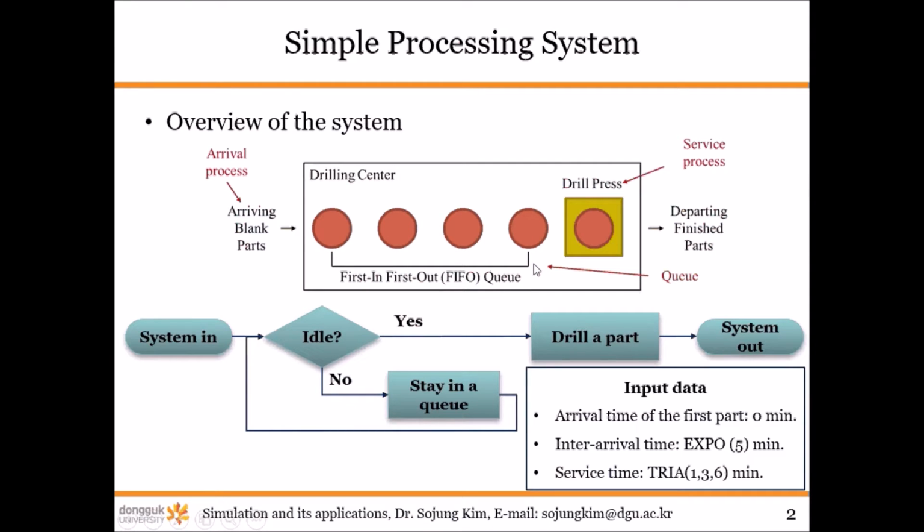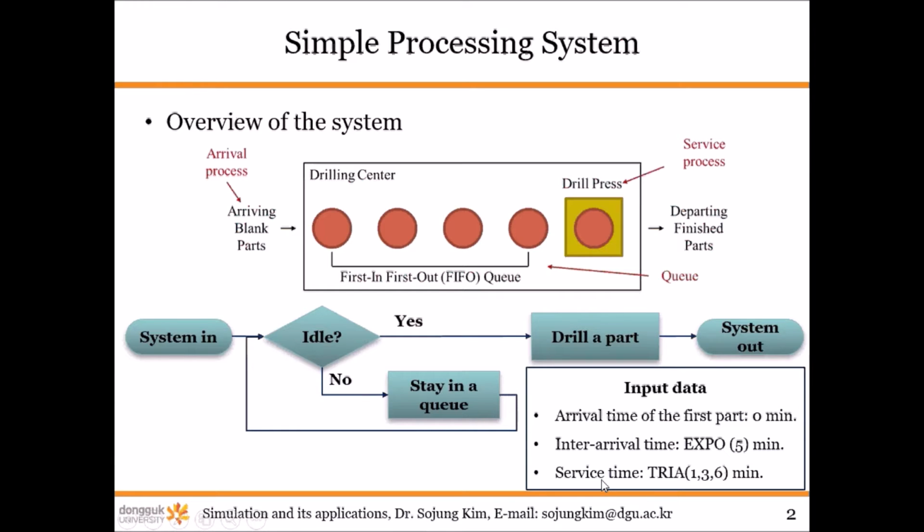And also we need the input data to develop the simulation model, right? So of course we need information about the arrival time. First, the arrival time of the first part. And once you know the first arrival, you can generate the next entity according to the given interarrival time distribution, like an exponential distribution with a mean of 5 minutes. And we also need a service time.